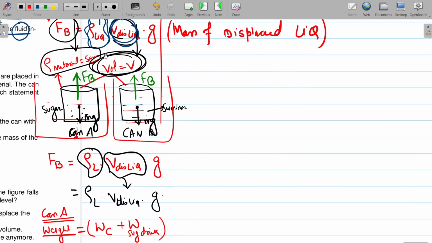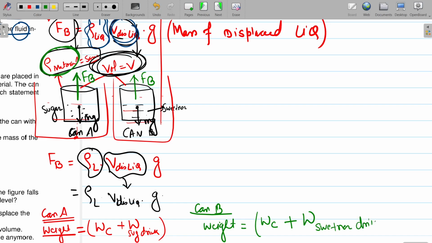Now in can B, what should be the total weight of this can B? It should be the weight of the can itself, which is equal to the weight of can A, because they have the same material, same size, same volume. So obviously the weight and the mass of the cans will be the same. The other one will be the weight of the sweetener drink. In one case it is counterbalanced, and in another case it is not.